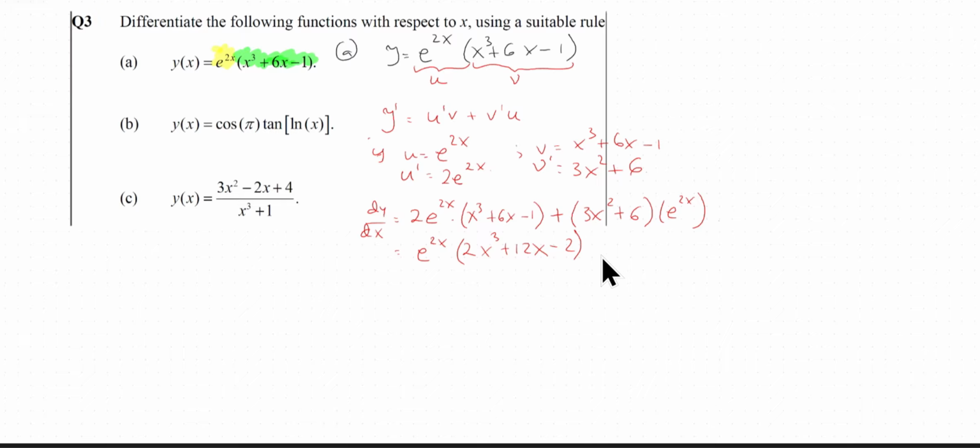That's for the first term. The next one will be plus 3x squared plus 6.